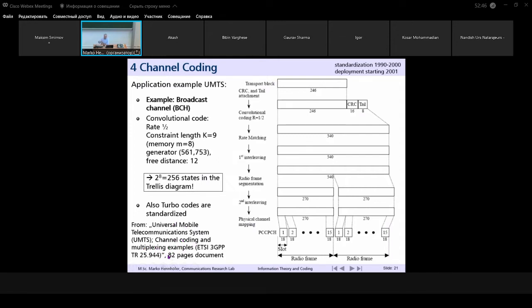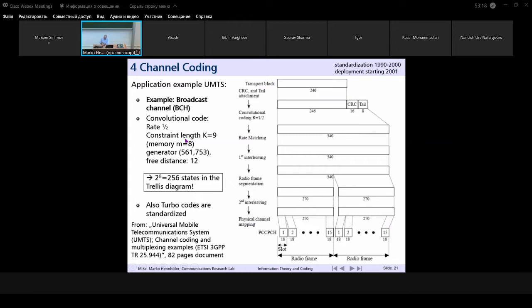We have data channels, signaling channels, and channel state information channels. So we have a whole bunch of different channels containing different data, where differently strong protections are applied. So it's a bigger story. It's just drawing one example out of this bigger story to show you that convolutional codes were still used there.